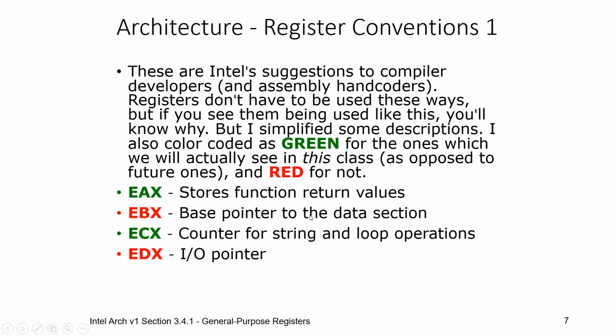Suppose you have int a of 10, a 10-integer array, then EBX is stored as the base of that array, that is a of 0, and you access the other elements by ECX, which is the counter for strings, and counter for loop operations, for loop, while loop. So you can also access an array with EBX and ECX combination, and also with offset.